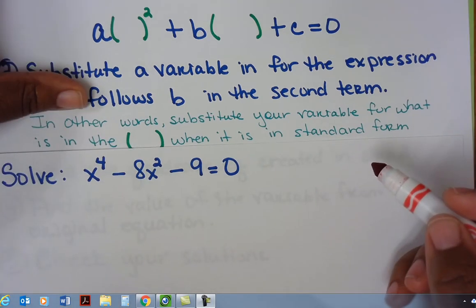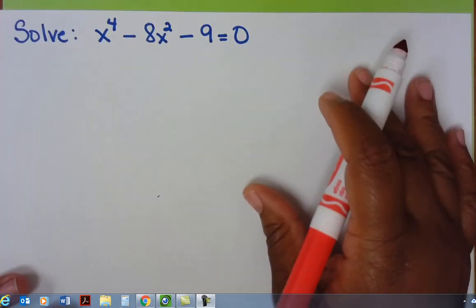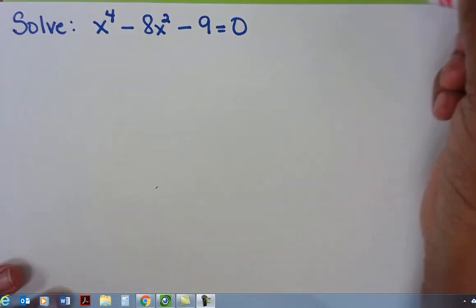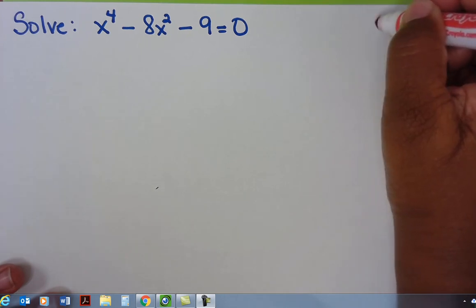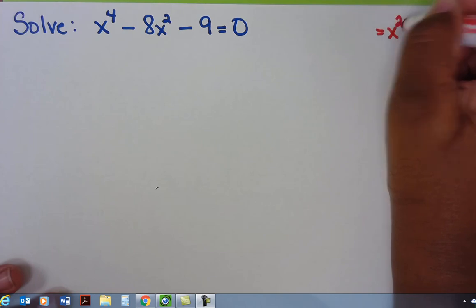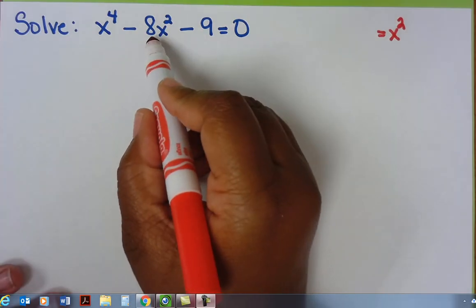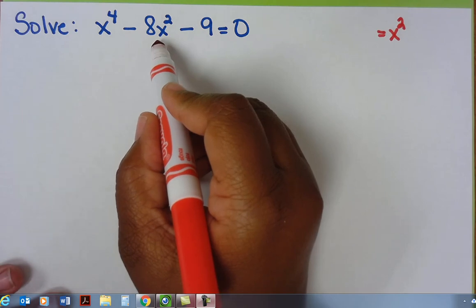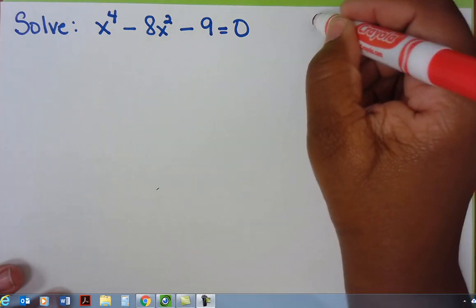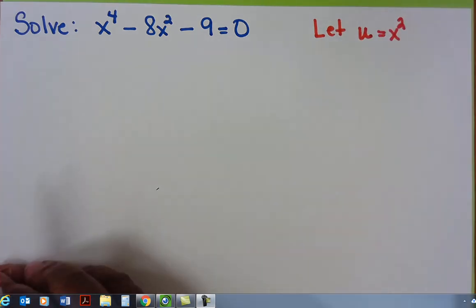And we're going to write that term here where it's x squared. This is the expression that follows the b, which would be 8. And what we're going to do is let u equal x squared.